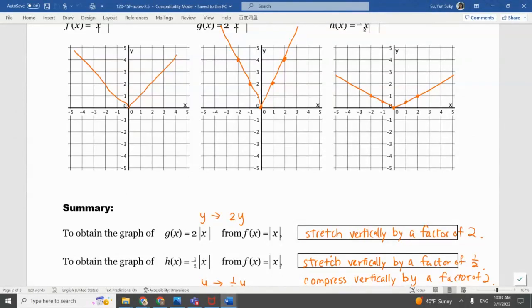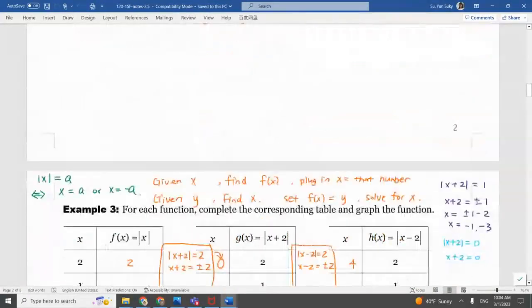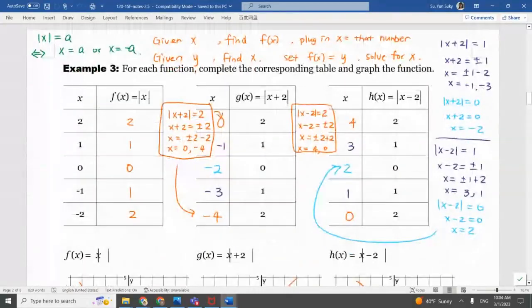You can say vertical stretch by a factor of 1/2, or you can say compressed by a factor of 2. Okay, everybody? Do you remember that? But here we are changing the y. So vertical compression and stretch is changing the y.